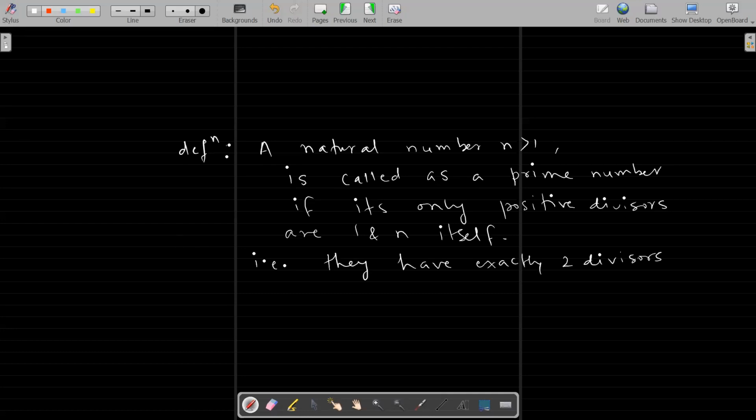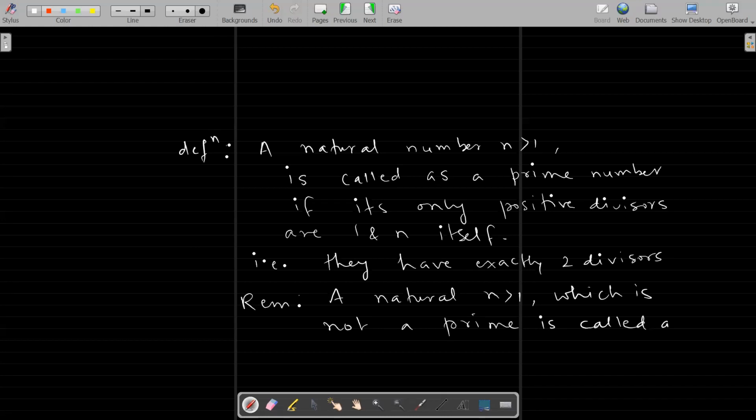Okay, and maybe I'll say as a remark, by definition, a natural number n greater than 1 which is not a prime is called a composite number.